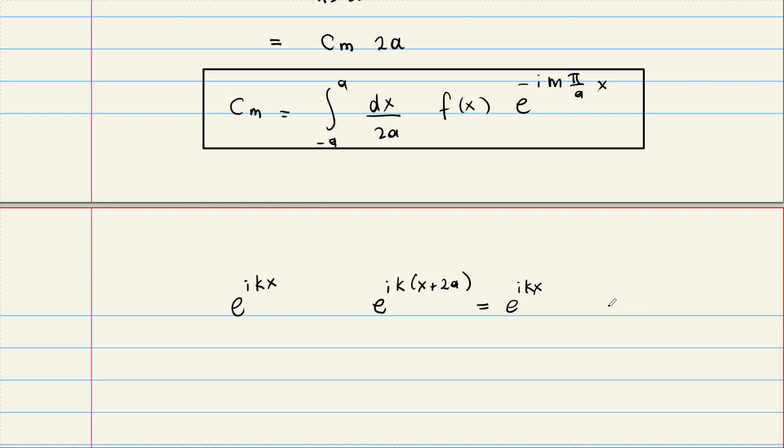This immediately gives me k times 2a is going to be 2 pi times n. And this is exactly the condition for this m pi over a. Right? I could also start from these solutions and get to this result without the Dirichlet's theorem.